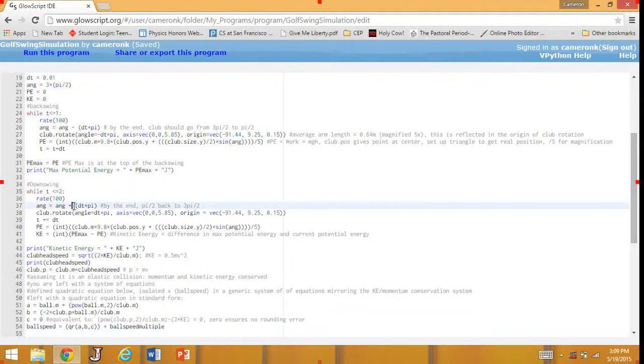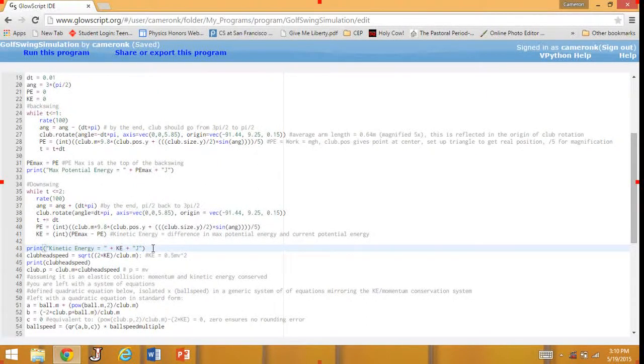I just changed the sign, so instead the angle increases, so it rotates down relative to the viewer. And I'm also calculating kinetic energy at this point by subtracting the max potential energy, which was at the top, from the current potential energy. And I'm going to print the potential energy once the loop has ended.